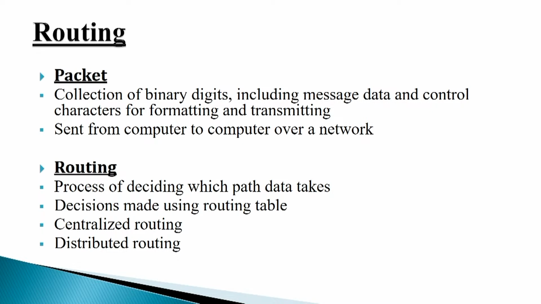A packet is a collection of binary digits including message data and control characters for formatting and transmitting, and it is sent from one computer to another computer of a network. So we can simply say that when our data is fragmented at every step, we can call every fragment a packet. What is routing?